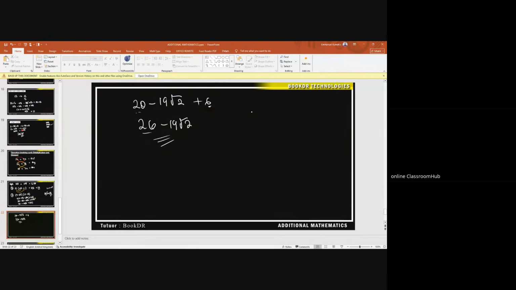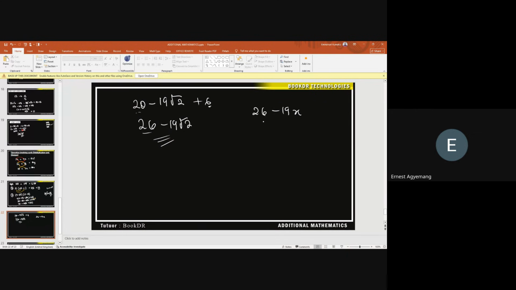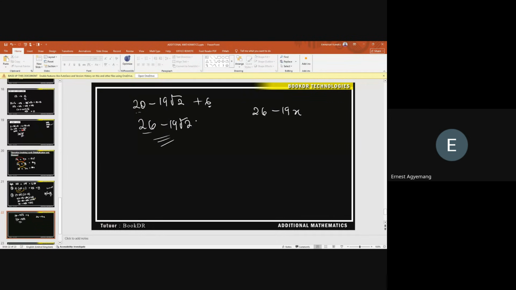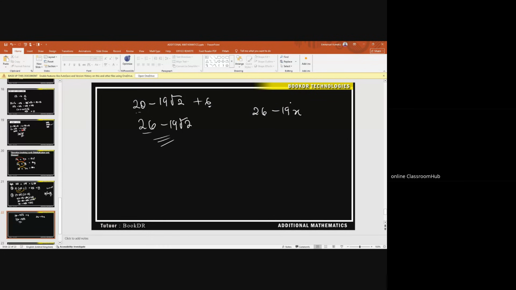Remember, if it is algebra, if I have 26 minus 19x, can you continue again? No. So the same thing is happening here. I said we are applying the knowledge of algebra. But if there was a root 2 here, we could have subtracted. So it means if it was 26 root 2 minus 19 root 2, then we could have subtracted the 19 from 26, like how we did with addition and subtraction.